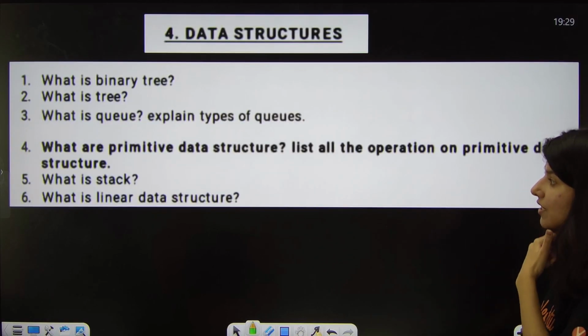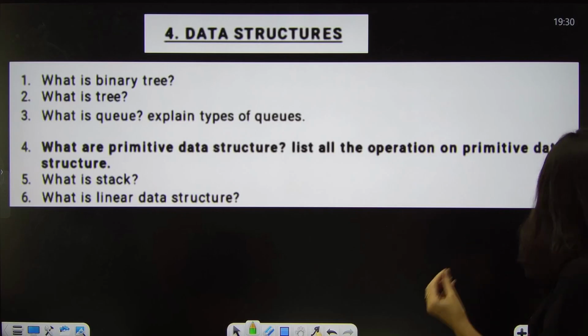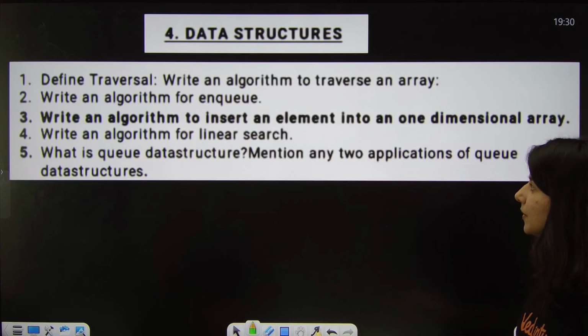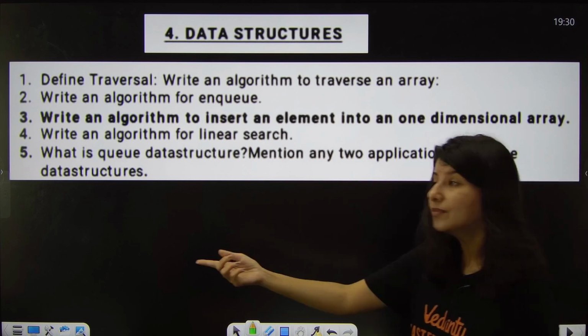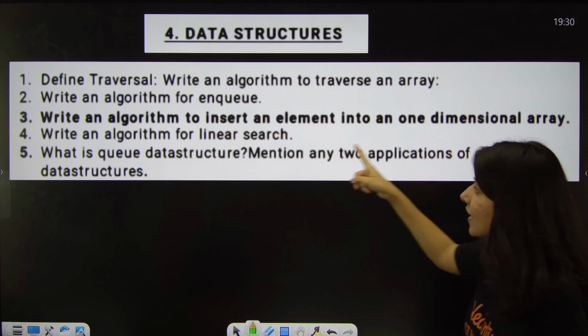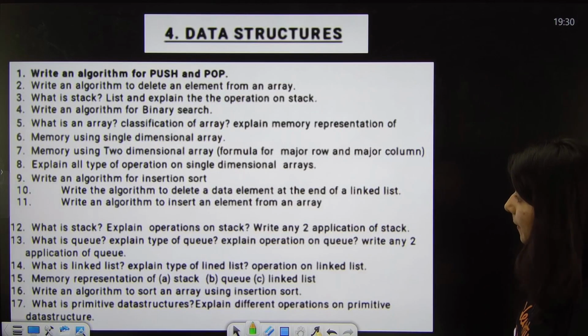Then data structure, basic: what is a stack, what is an array, what is a queue, what is a binary tree. Linear data structure, you have to go through all the theory which you need to cover. Then algorithm: you have to write to insert an element in a one-dimensional array. Algorithm for linear search also. What we did is binary search.